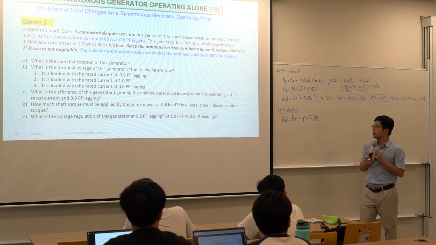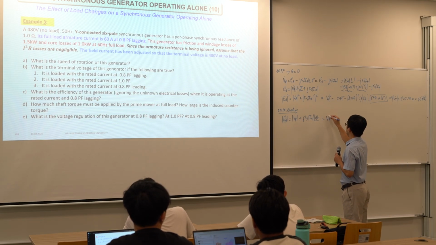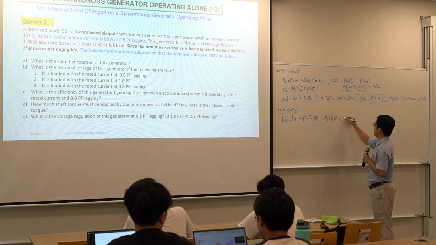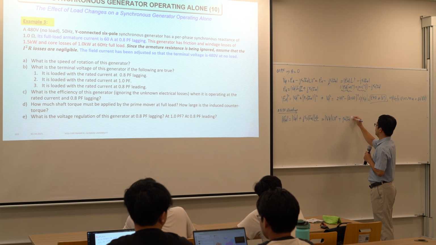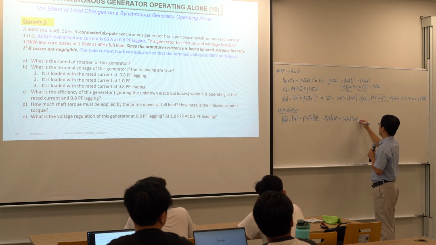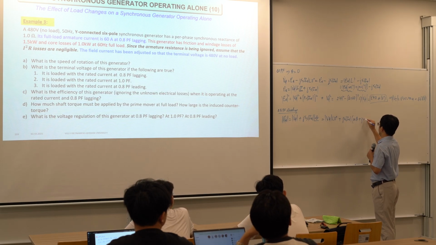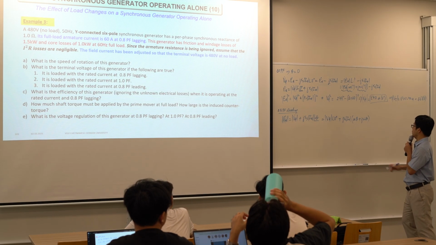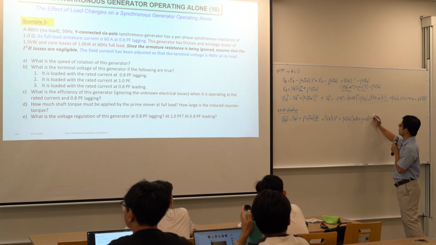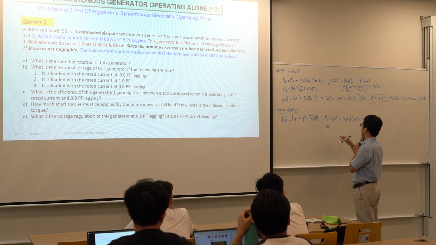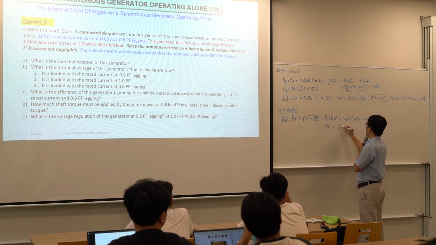Yes. Okay. So here you can get V phase with 0 degree plus j XS IA, cosine theta plus j sine theta. So that means here we have V phase angle 0 plus j XS.